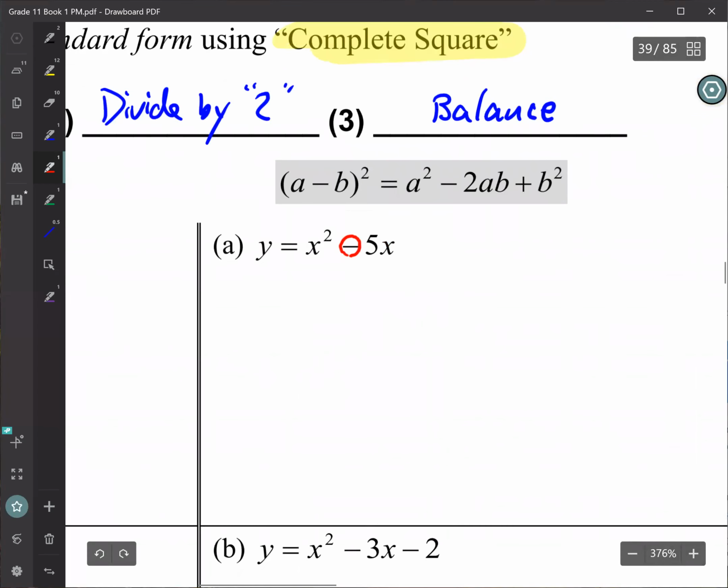If I want to create a square, a bracket square, I also need three terms, right? 1, 2, 3. And if there's a subtraction, then the bracket will have a subtraction, okay? So left side and right side are a similar idea, just using different sign.